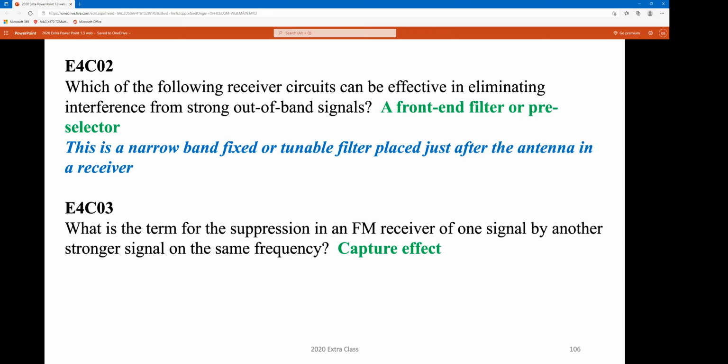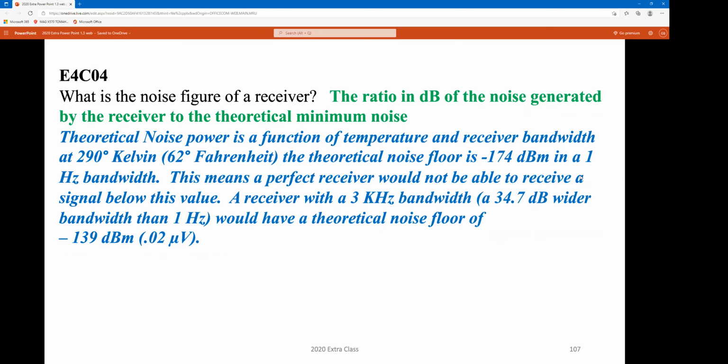What is the term for the suppression in an FM receiver of one signal by another stronger signal on the same frequency? That is the capture effect. What is the noise figure of a receiver? It's the ratio in dB of the noise generated by the receiver to the theoretical minimum noise.